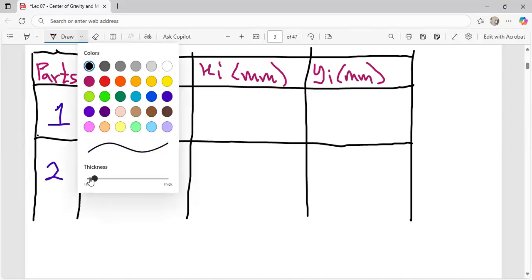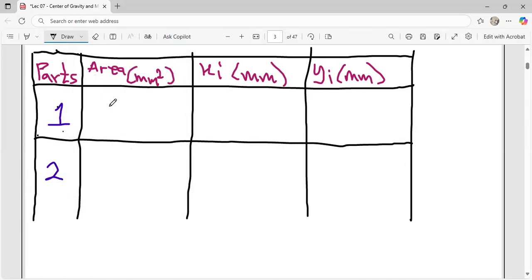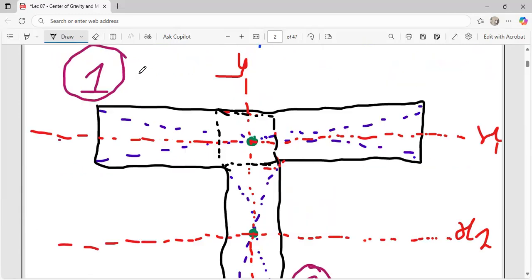So first of all, to get the value of our area one, what do we have to do? The area of part one is just, we said that area is equal to what? Length times breadth.